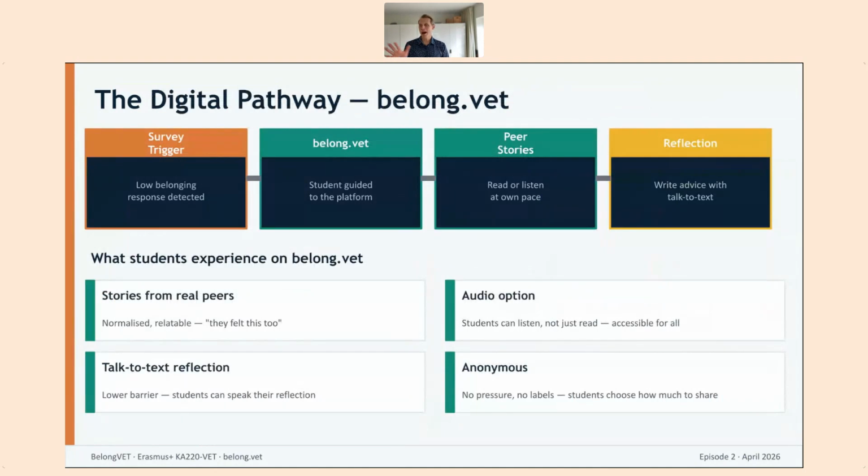So the digital pathway is essentially: the survey is the trigger. Low belonging response detected, we send them to the BelongVET website. And then they will read and listen on the page. They can do it whenever they want, and they can write an advice or their story to future students. And the good thing here is that we can easily target 3,000 students, and it wouldn't require any teacher to be involved.